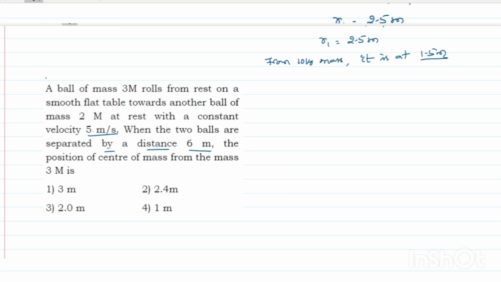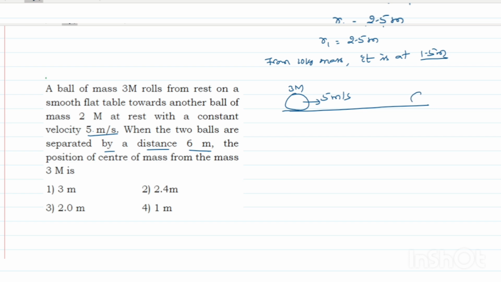Now here, students, a ball of mass 3 kg is given, 3m is the mass, which is moving with a velocity of 5 meters per second, a constant velocity.